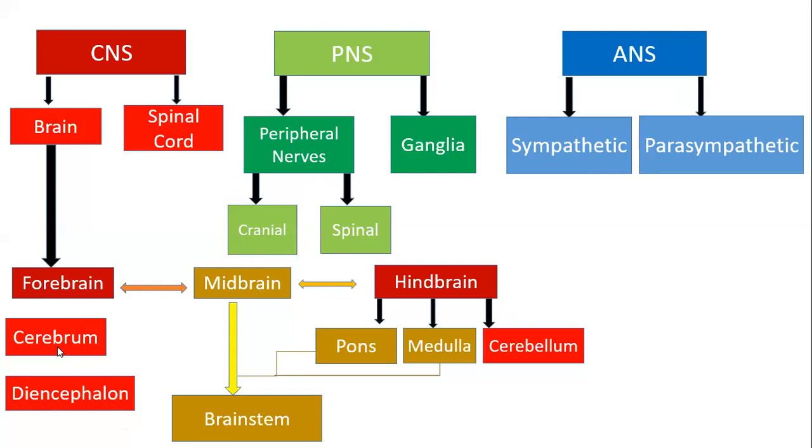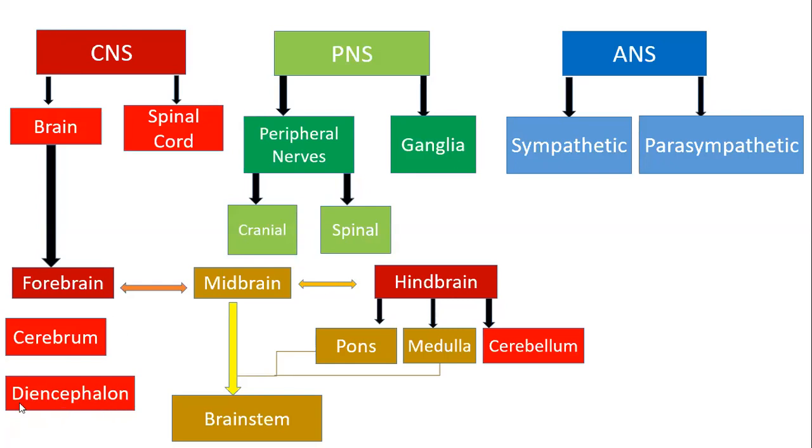The cerebrum is divided in the midline by a fissure called the sagittal sulcus or fissure into two hemispheres, right and left cerebral hemispheres. Then what about the diencephalon?